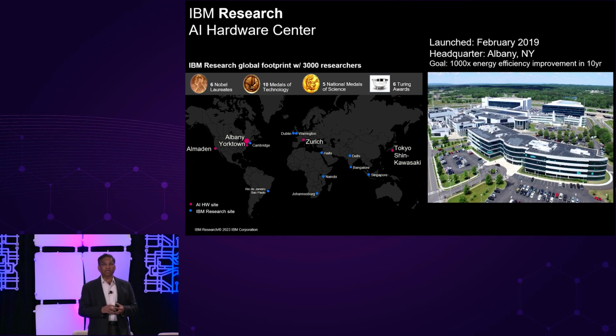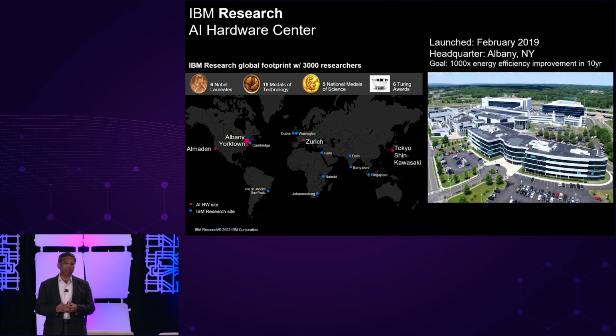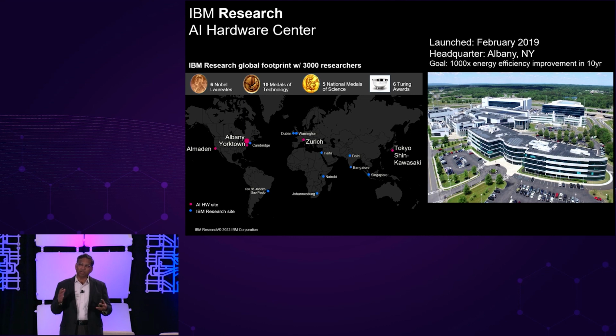And on the right-hand side is our AI Hardware Center, which is located at Albany Nanotech. Albany Nanotech, where IBM works, is the only one of its kind, a public-private partnership which is really pushing the limits of semiconductor technology, and these days, especially in the domain of AI hardware.